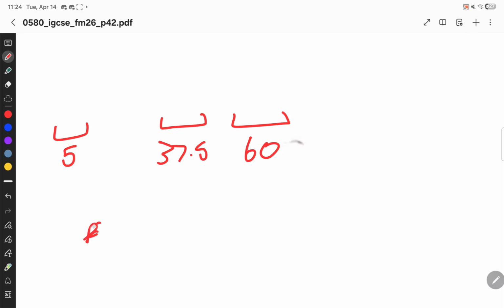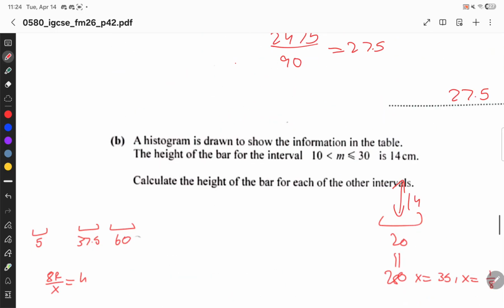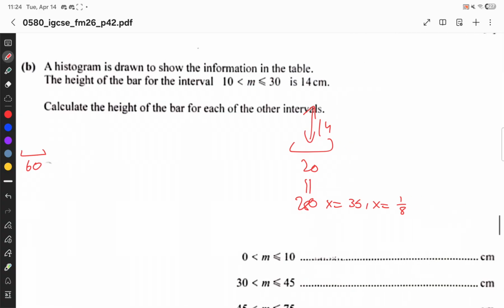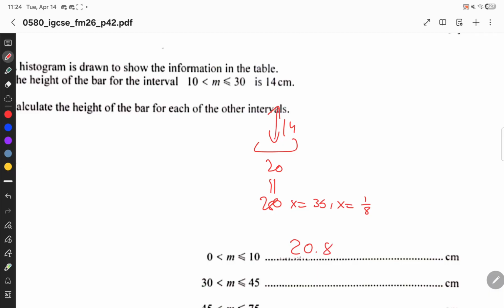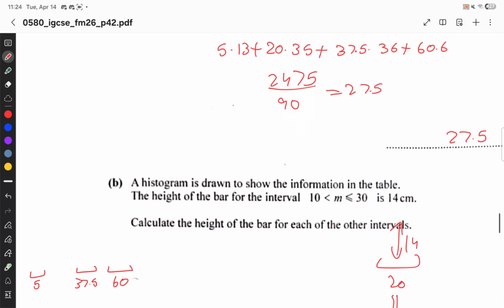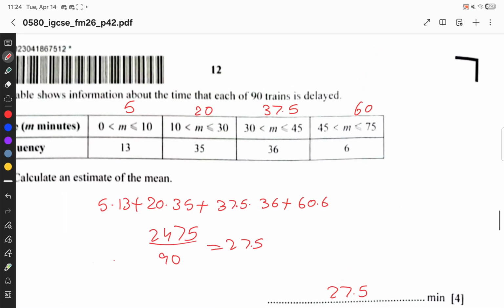So 8f over x equals height. The frequency is 13, 13 times 8 divided by 5 is 20.8 height. Then we have 8 times 36 divided by 37.5. No, these values are wrong. Oh my god.